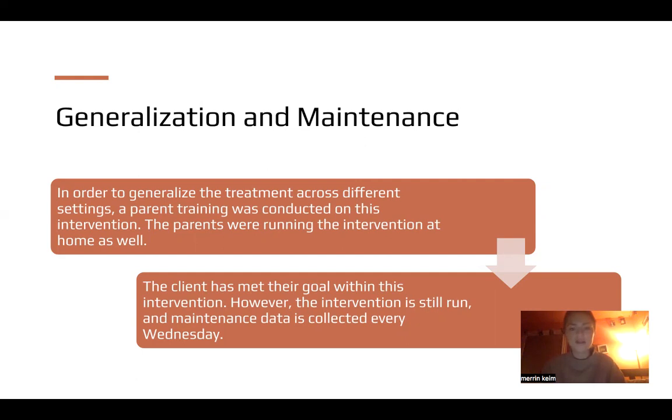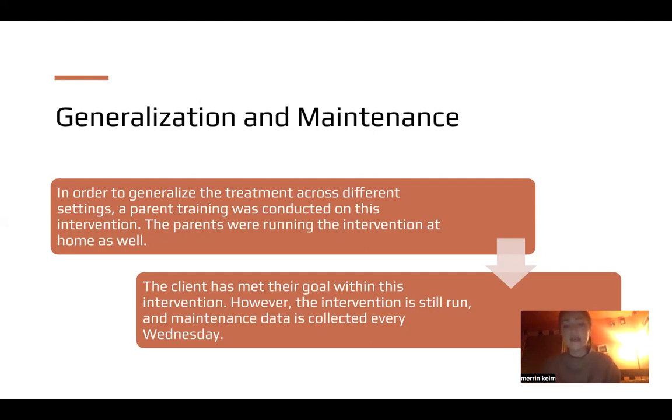A parent training was conducted to fill the parents in and give them a deeper understanding of the program being run. This allowed them to run the same program at home during any table work, any homework time, anything like that. That way it was able to generalize across settings, not only in center, but also at home.